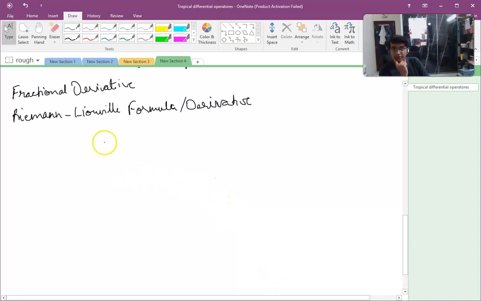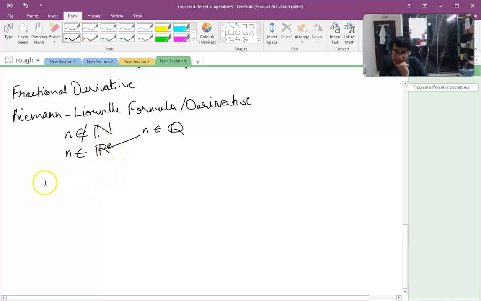The Riemann-Liouville derivative is given where n is no longer just an integer. Now we say n belongs to the real numbers. Originally it was said for n belonging to the rational numbers, but it's also extendable to the real numbers.